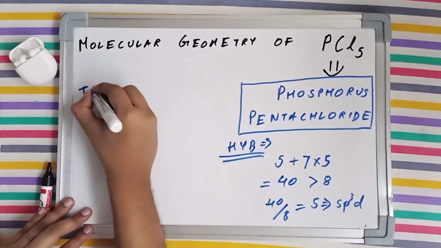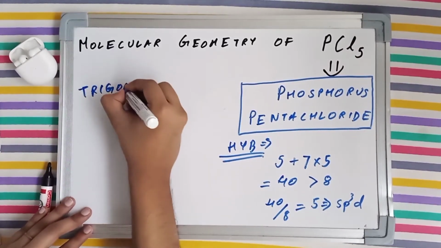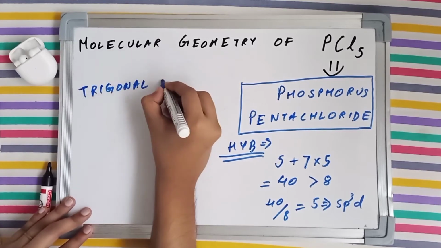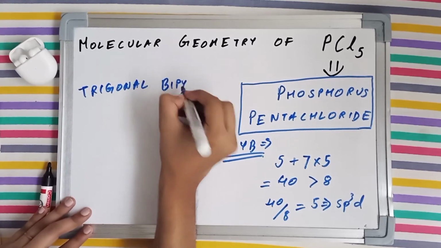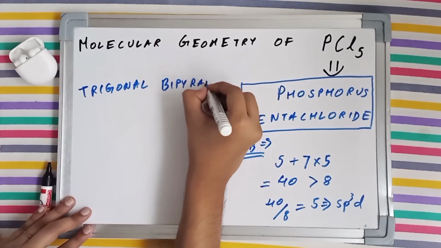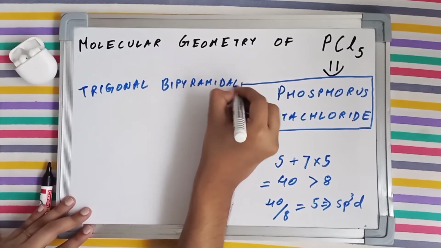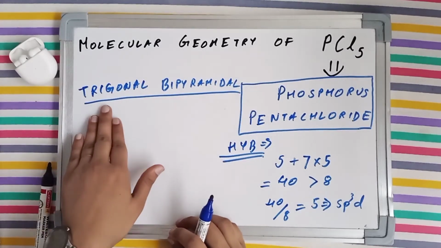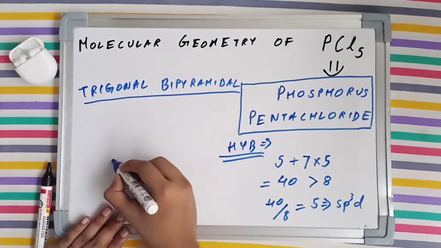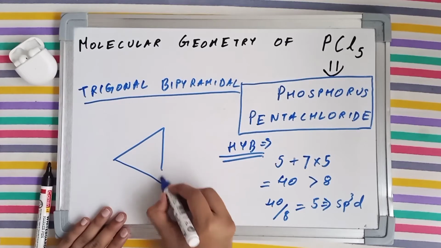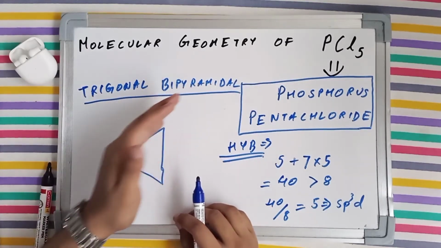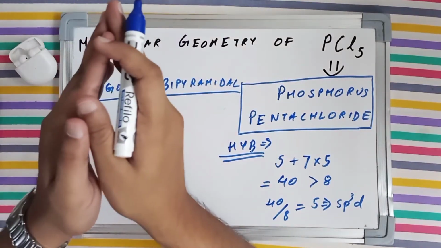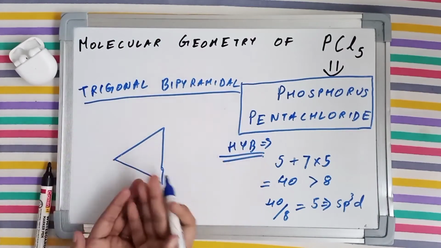So I said trigonal bipyramidal. The word itself is quite explanatory. Trigonal, a triangle, and bipyramidal, a pyramid on top of this triangle and a pyramid below this triangle.